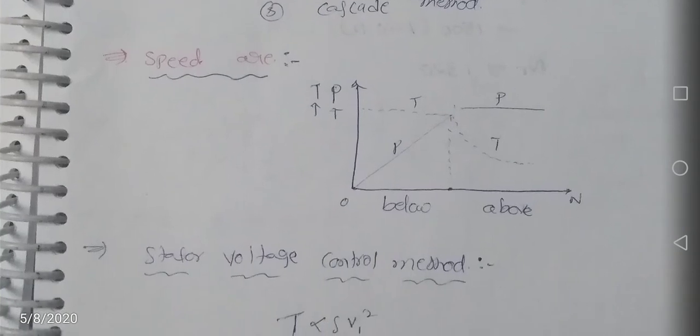Speed, torque, power characteristics. See that speed is taken as reference. If speeds are increasing, then power increases up to the rated value.